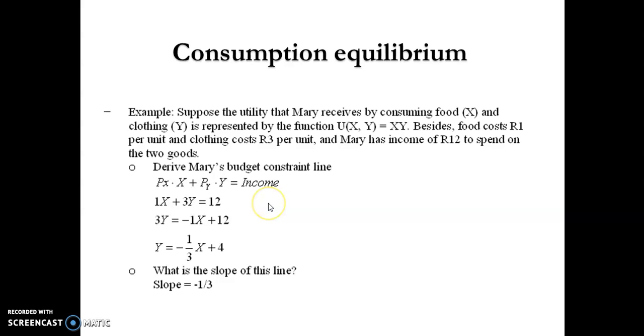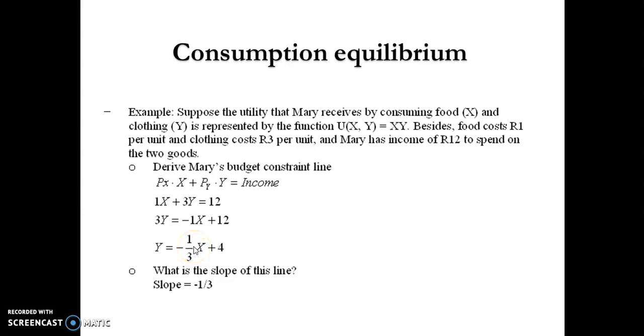Now note again, your budget constraint is linear, and you know that the equation for a straight line is Y is equal to mx plus c. So you can rearrange to make Y the subject of the formula, and you can clearly see that your gradient m, or the coefficient of x in this case, is going to be given by minus a third.